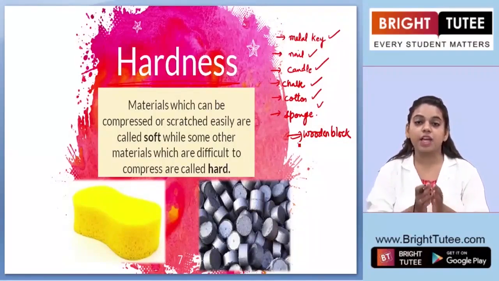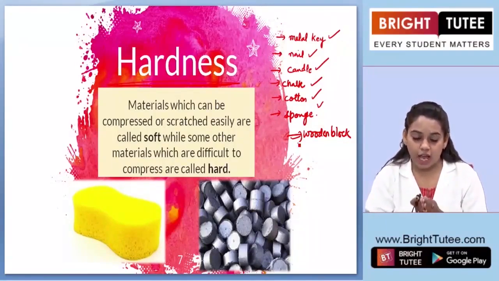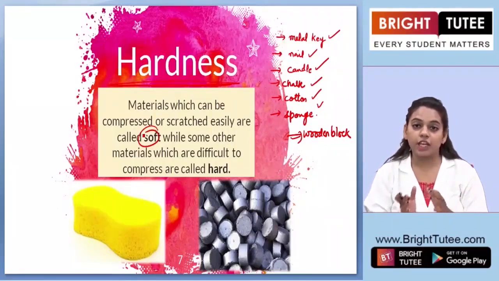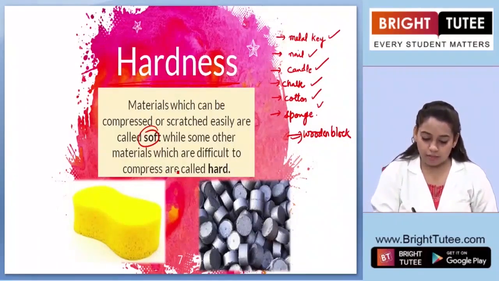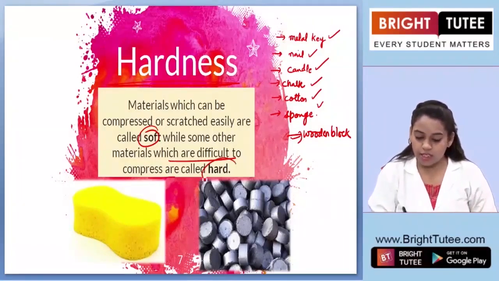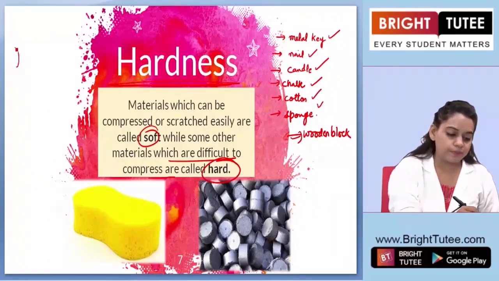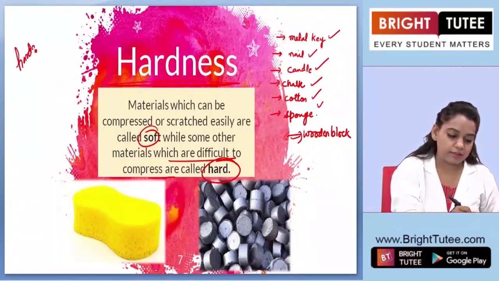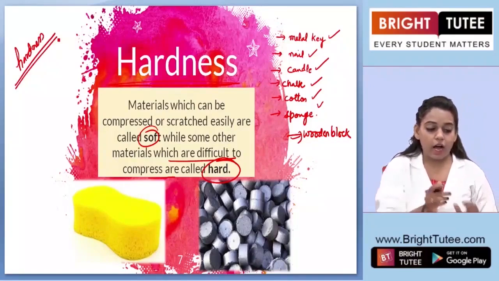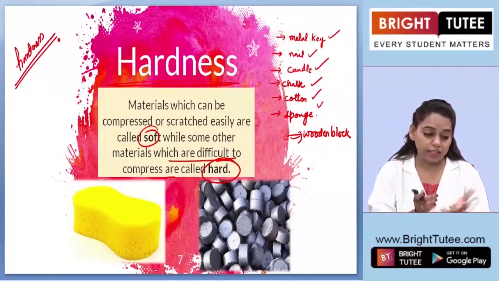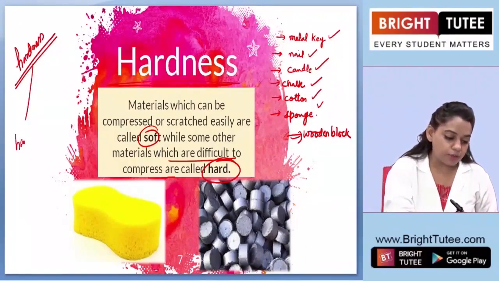The objects which can be easily compressed or scratched are known as soft materials, and the objects which are difficult to compress are called hard materials. This property of material is hardness. After conducting this activity, you will be clearly able to identify which are hard objects and which are soft objects.